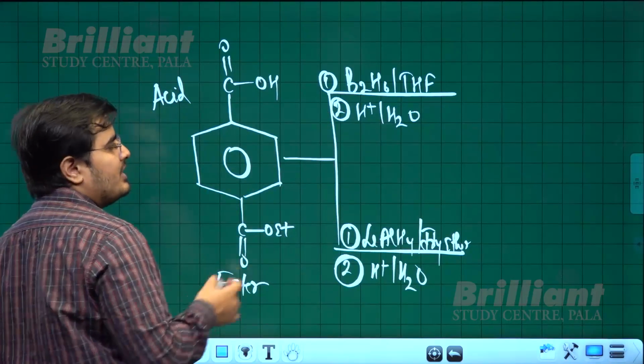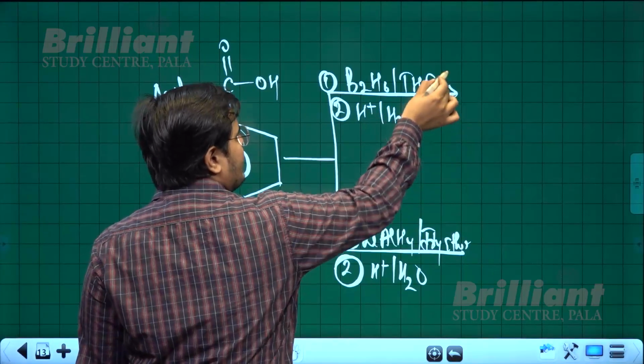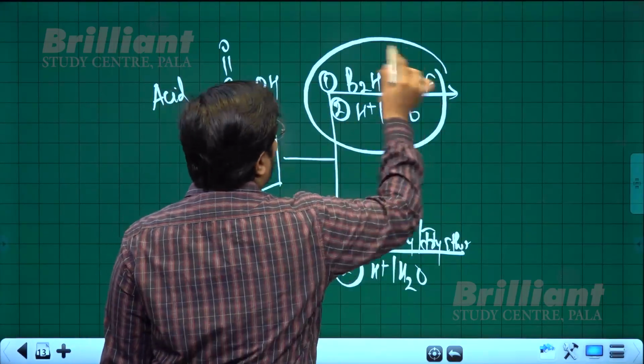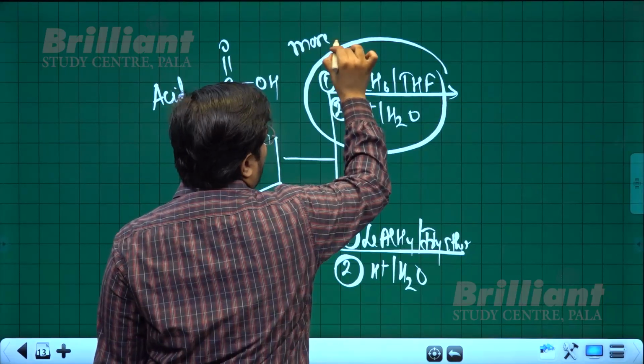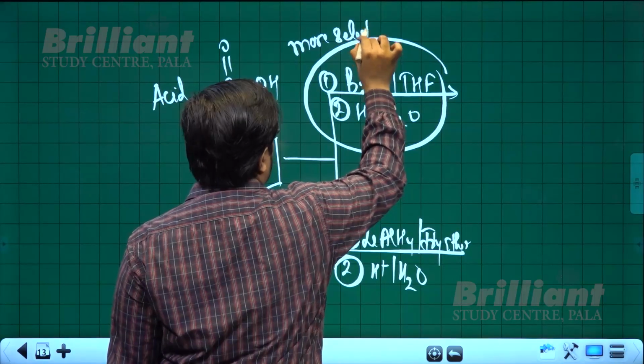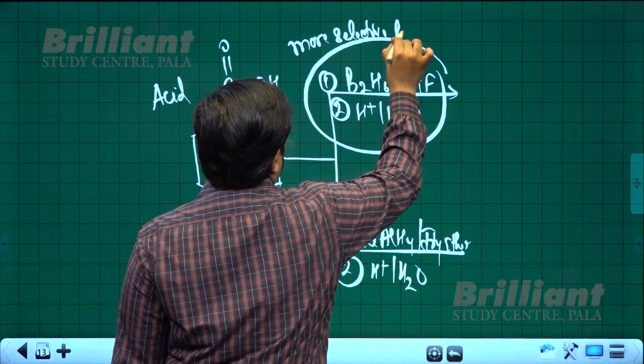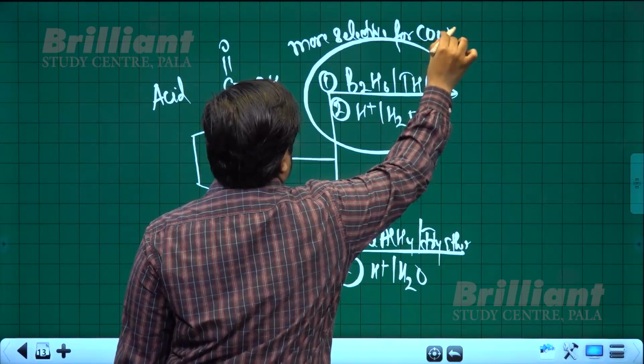So what will happen here is that this reagent is more selective for carboxylic acid group.